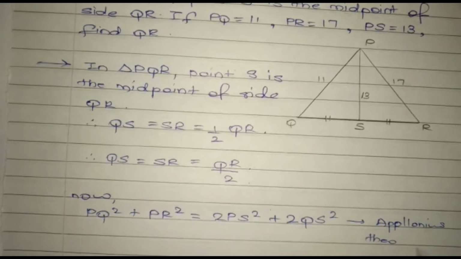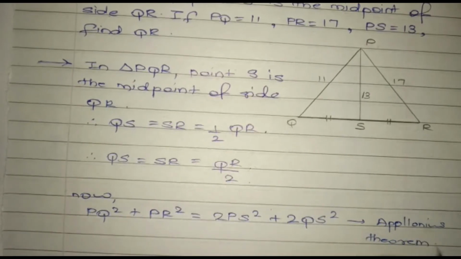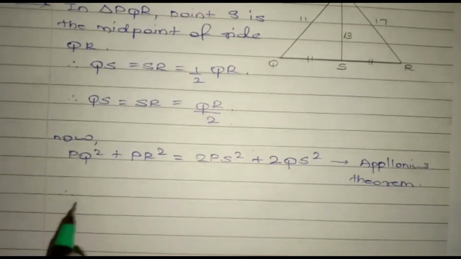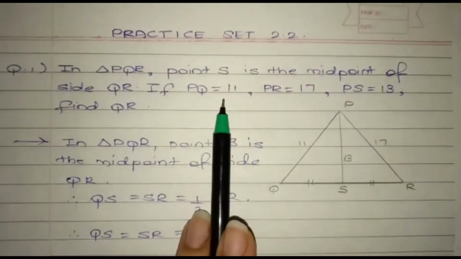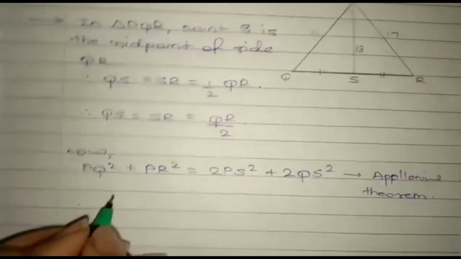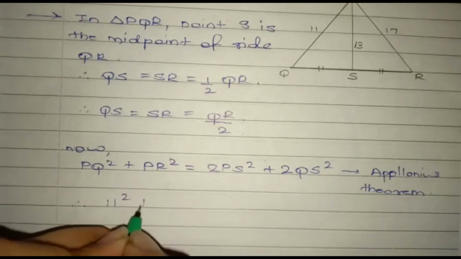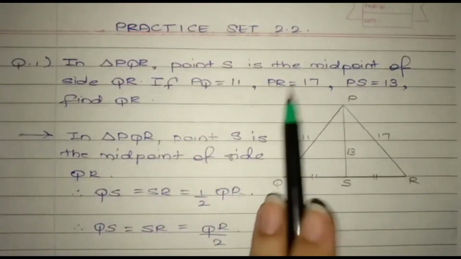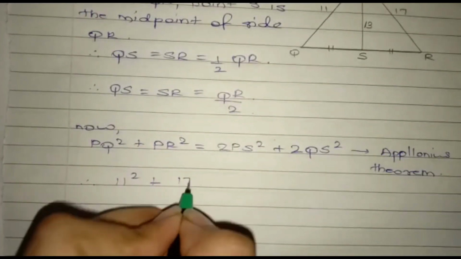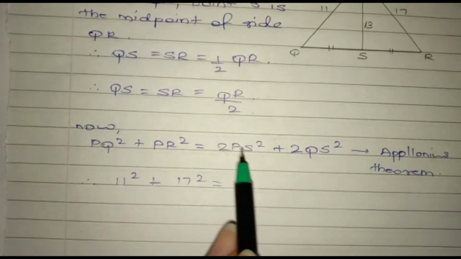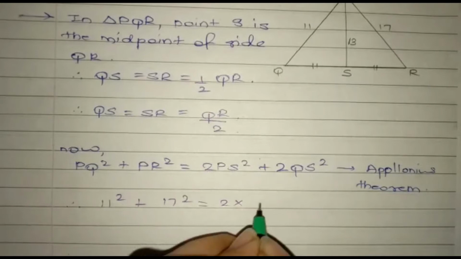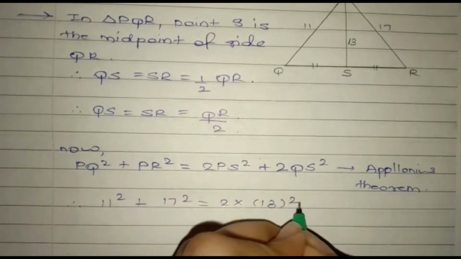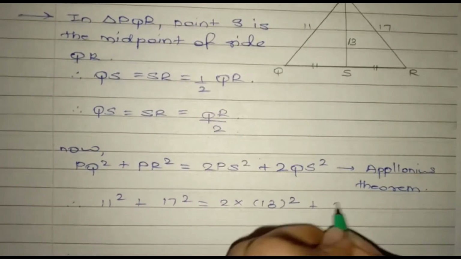Therefore we know the length of PQ, it is given as 11. Therefore 11 square plus PR square, 17 square, is equal to 2PS square. PS is 13, so 2 into 13 square plus 2 into QS square.